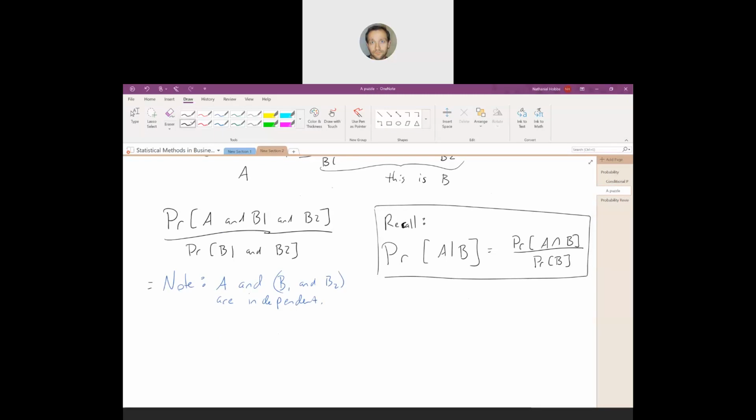I'm just saying this to make the calculation go a little bit faster. Therefore, by independence, I can break out this probability. I can pull out A from the rest.